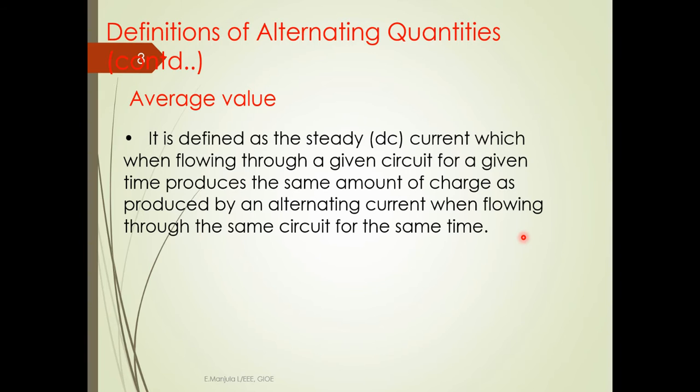Okay, so the average value is that when a DC current is flowing through a circuit for a certain time, it will produce the same amount of charge as when an alternating quantity is flowing through the same circuit for the same time.